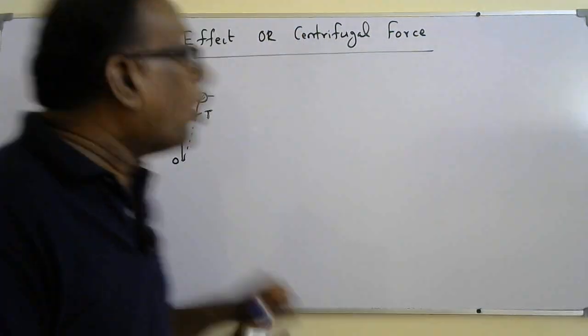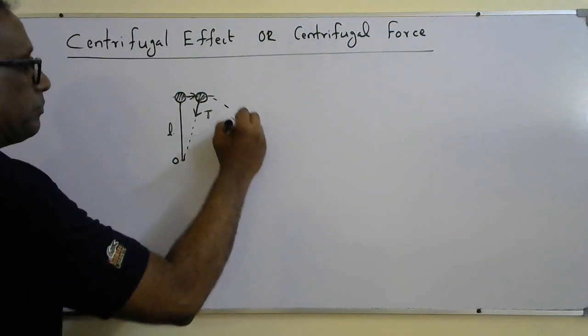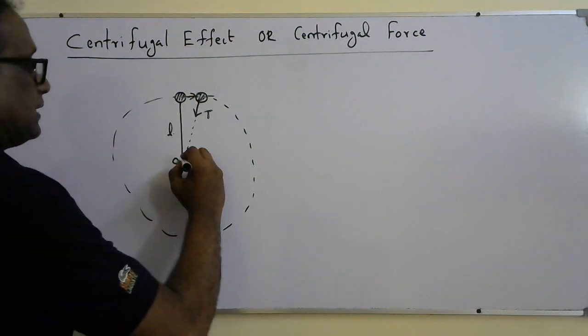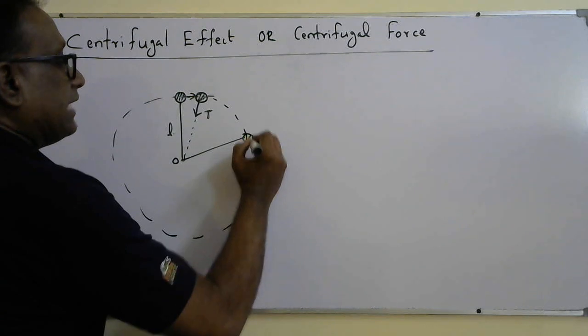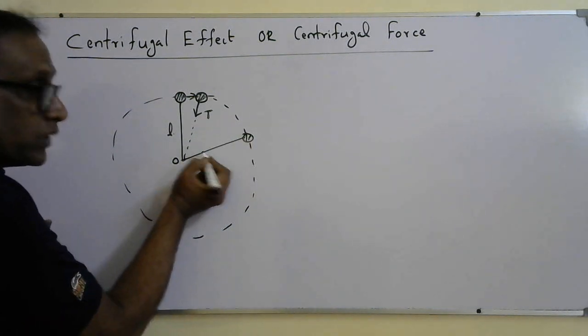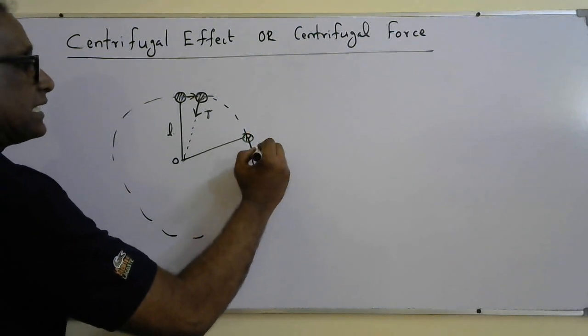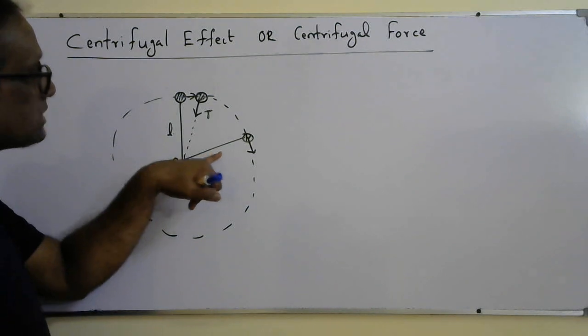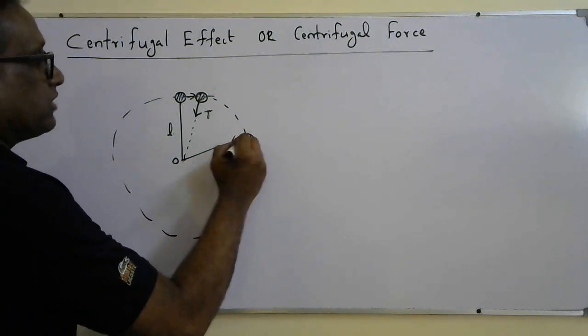So what will happen? Always it will move on a circular path such that the string never sags or the sphere never moves towards the center. It will maintain the circular motion at constant speed, because the tension is the only force acting on it. There is no other force acting on it.